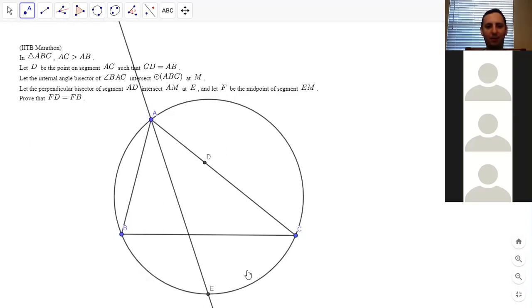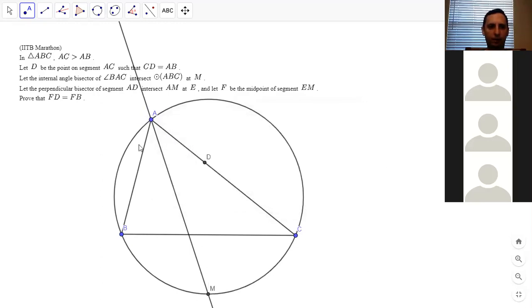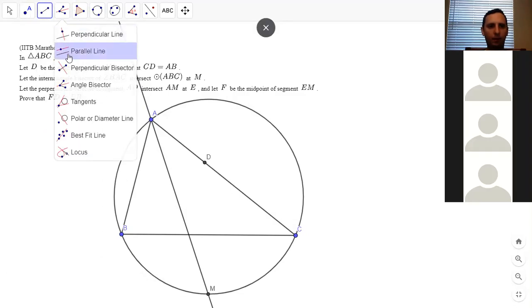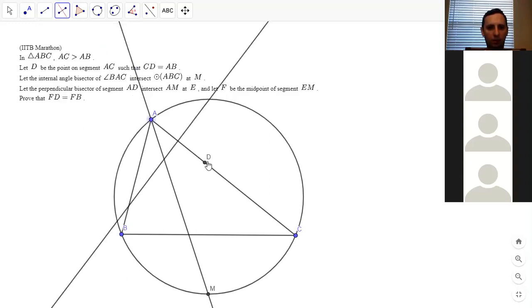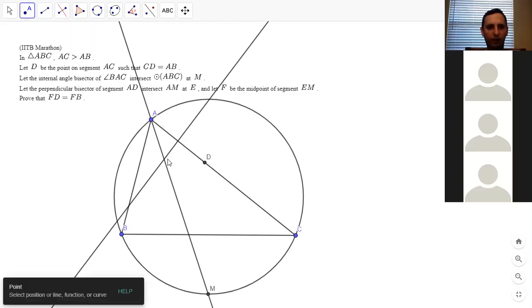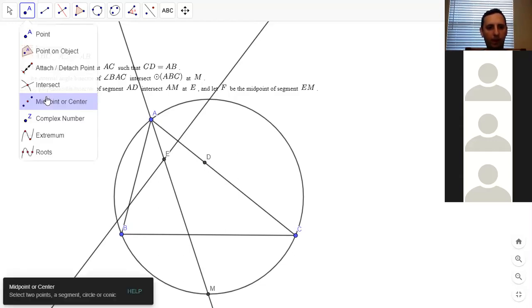There's no way. But yeah, it's not. Let the perpendicular bisector of AD intersect AM at E. So this is going to be point E. And let F be the midpoint of EM.